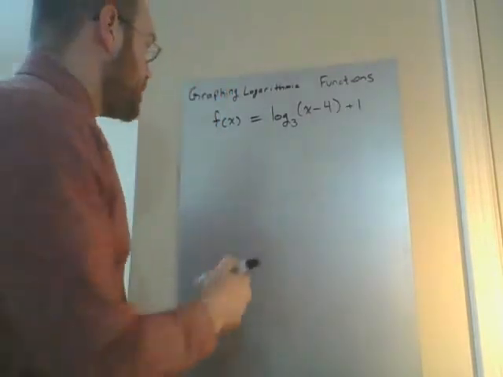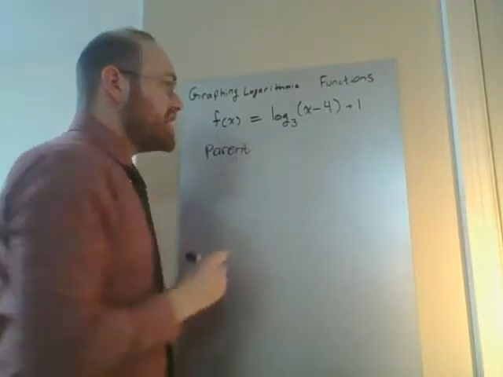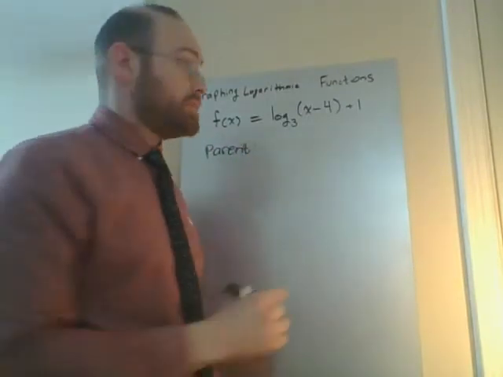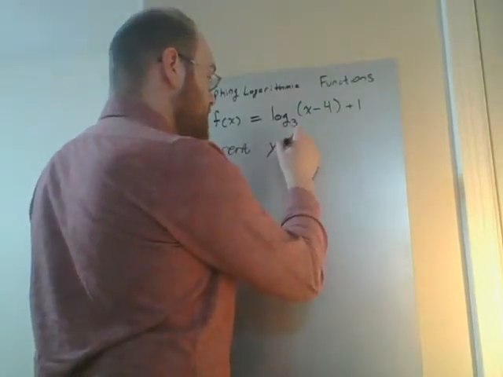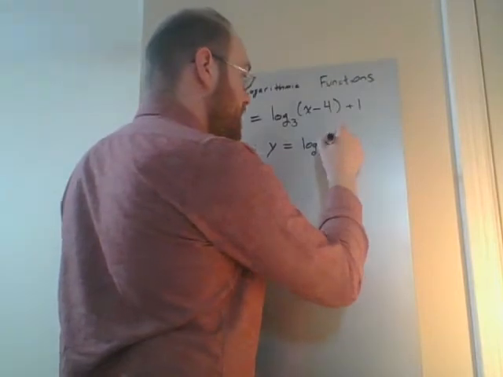So same as before, write the parent. Our parent function gets rid of all the extra numbers except our logarithm and the variable. So our parent is y equals log base 3 of x.